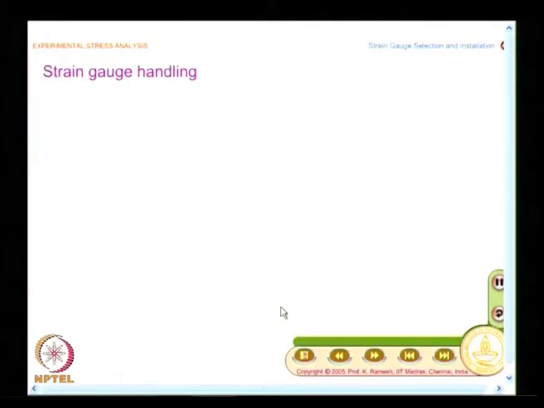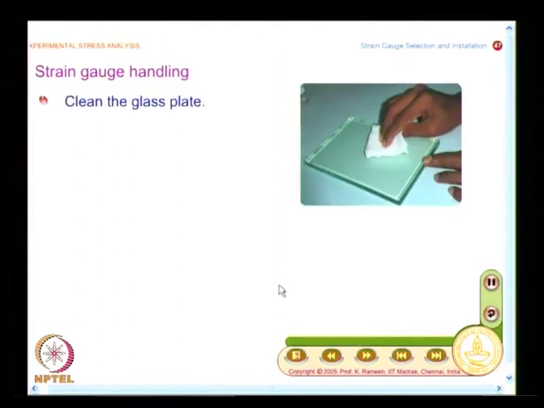Similar skill is required even in strain gauge bonding. Strain gauge bonding is a skill oriented activity, and following the detailed step by step procedure is equally important. You cannot cut short steps. If you cut short steps, you are not guaranteed proper behavior of the strain gauge system.